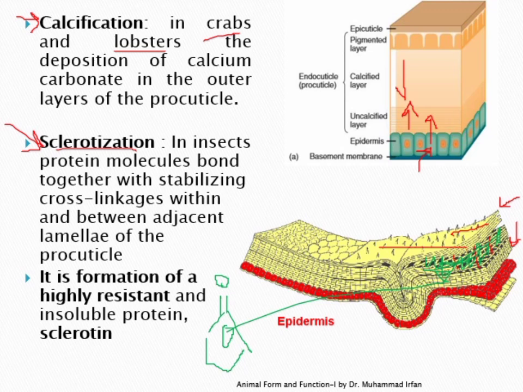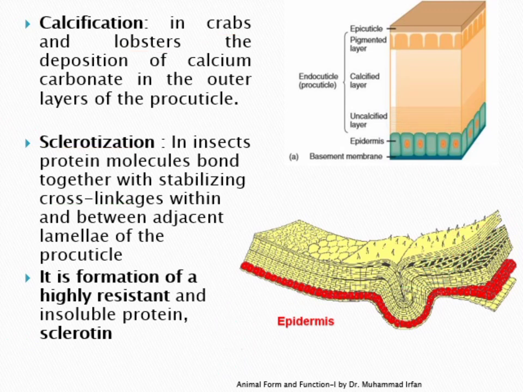Sclerotization is actually the formation of a highly resistant and insoluble protein, sclerotin. Sclerotin is the protein present in the form of layers. So these fibers of different layers are linked together through linkages of other fibers. These sclerotized proteins are mostly present in insects on their mouth parts, by which they chew the food material.